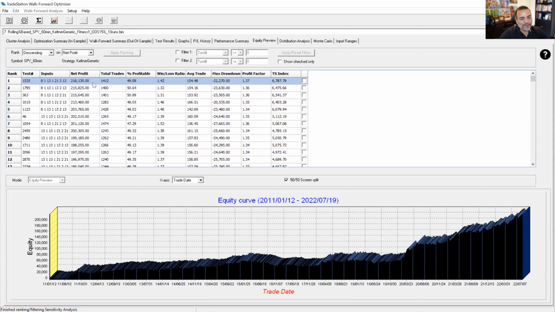Of course, it was not robust because it didn't maintain that consistency. All right, so play around with this information. I'm sure you guys will enjoy. If anybody wants to use a WFO, it's a great tool to drill down and look at all the data and see how you can manage it.